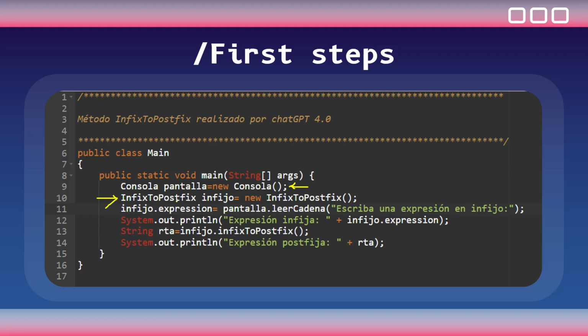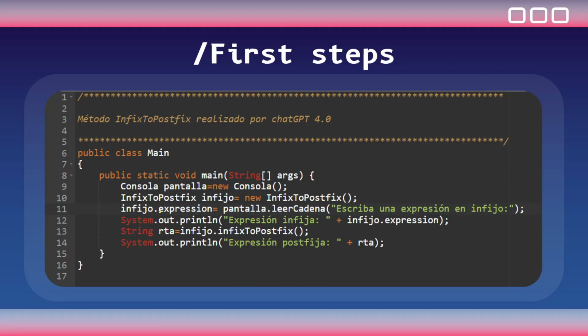So we declare infijo as a new infix to postfix. Infix to postfix has a property called expression. I'm sorry, the drawing is so ugly, but this is the property that will save our expression in the object infijo.